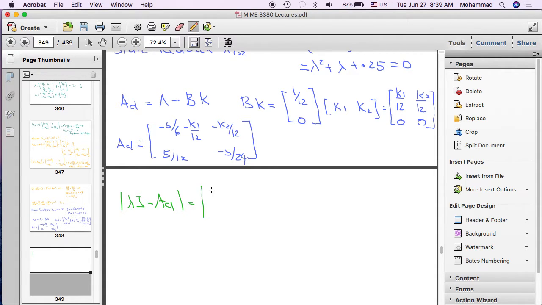So it would be lambda plus 5 sixths plus K1 over 12, and this is K2 over 12. Here we have minus 5 over 12 and lambda plus 5 over 24.